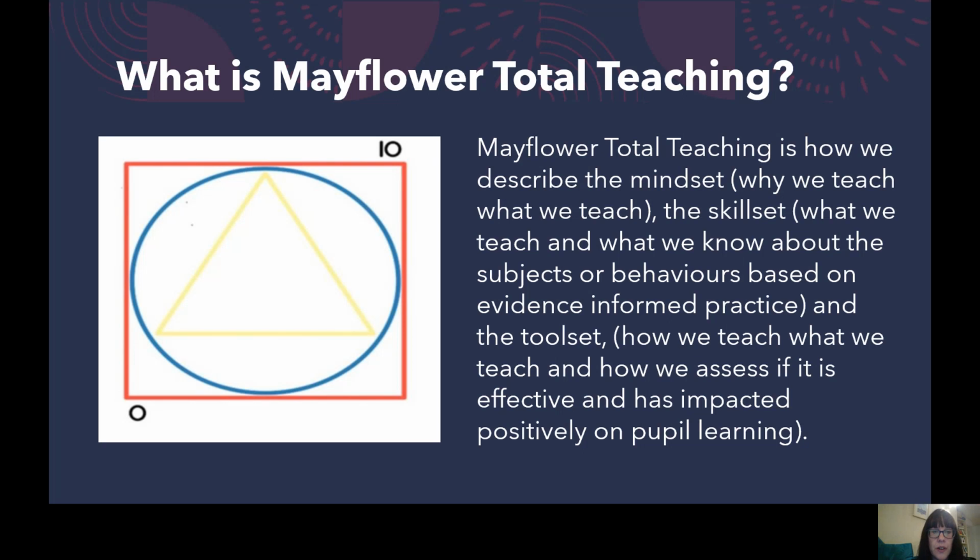The blue circle represents the 5 R's, and the yellow triangle represents the triad teaching roles. When you combine it all together, that is our pedagogy. That is how we teach and how the children learn at Mayflower. And we call our pedagogy total teaching.